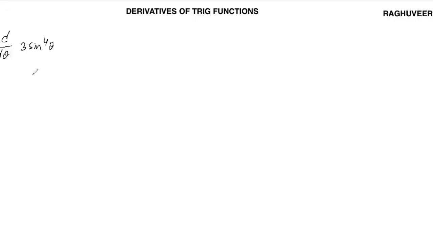So let us again apply the chain rule here once again. Take u as sine theta, so f is 3u power 4. So df by d theta is df by du times du by d theta.